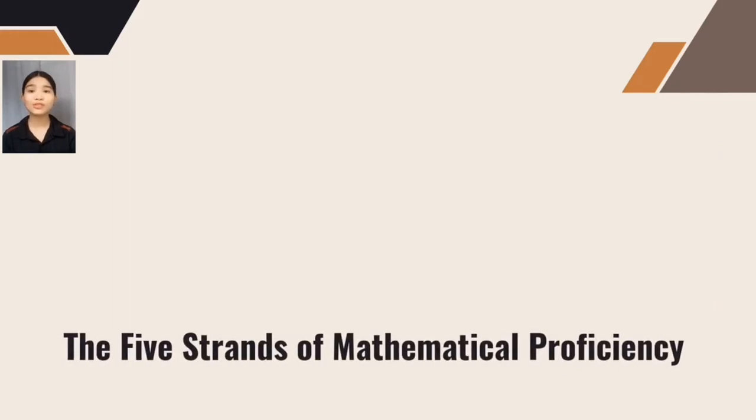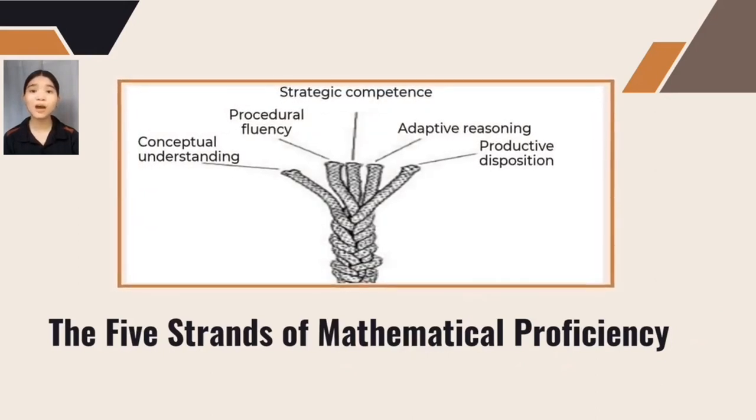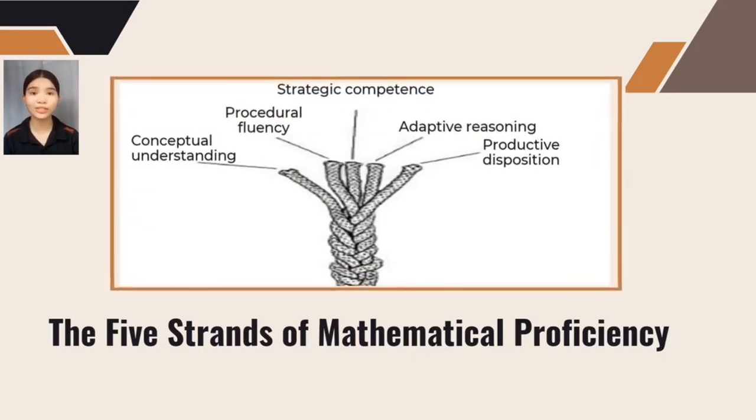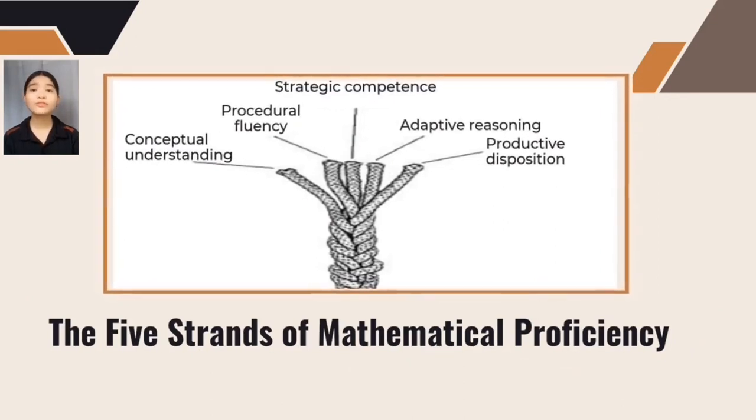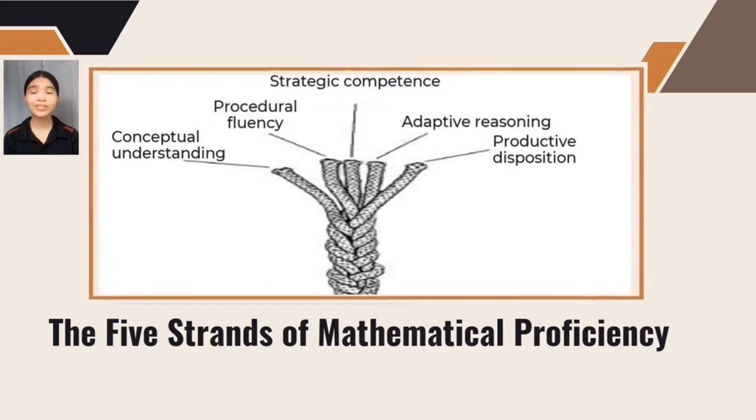Through these 5 strands, we would know if students really understand topics in mathematics or not. The 5 strands of mathematical proficiency include conceptual understanding, procedural fluency, strategic competence, adaptive reasoning, and productive disposition.